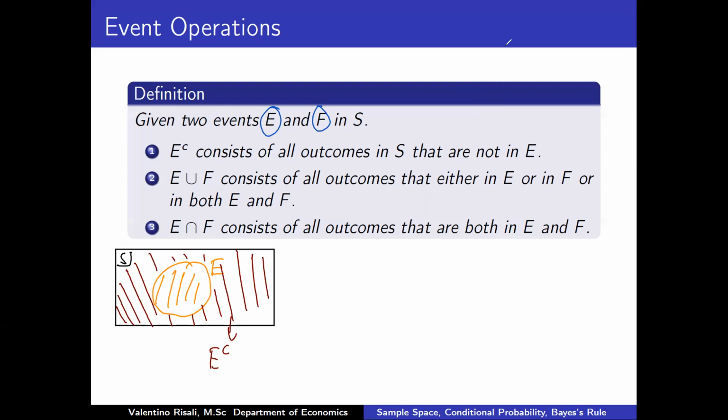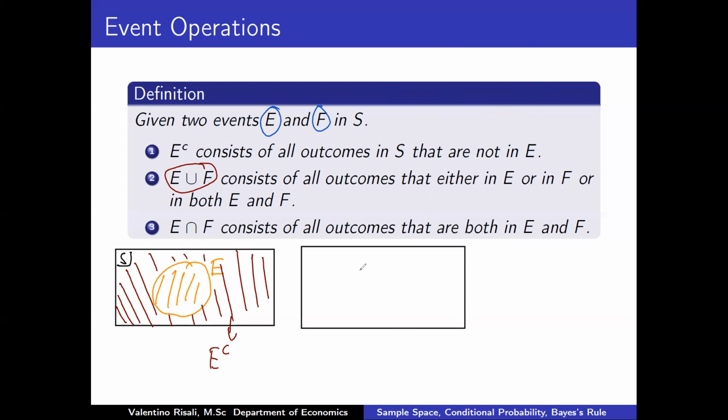For the second operation, that is the union of E and F, denoted by E ∪ F. It consists of all outcomes that are either in E or in F or in both of them.